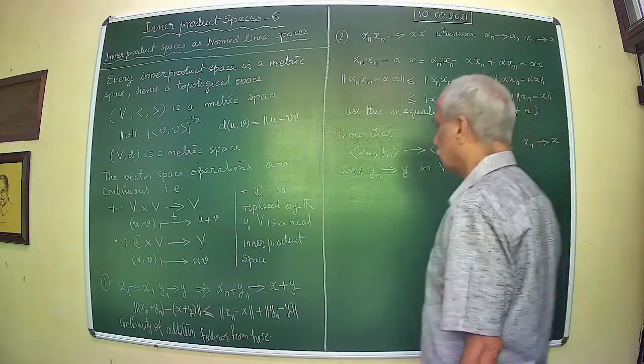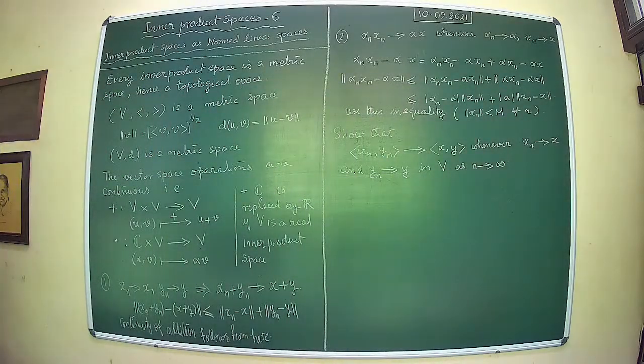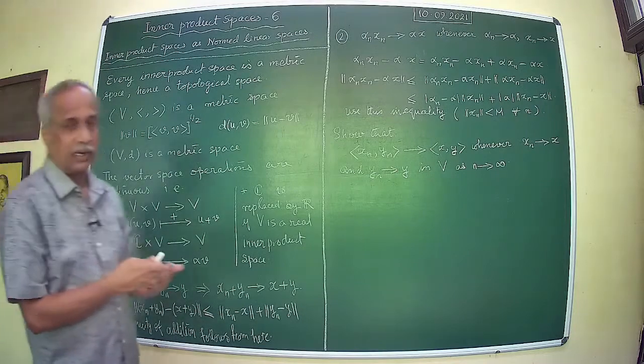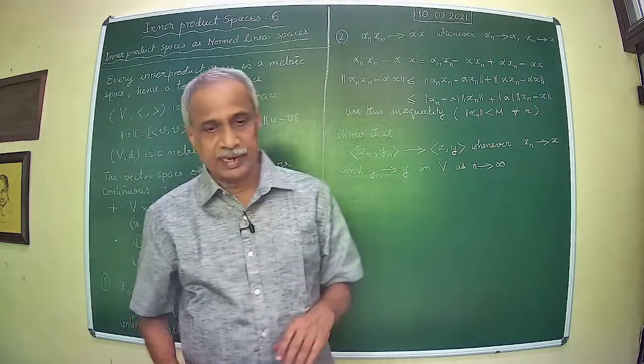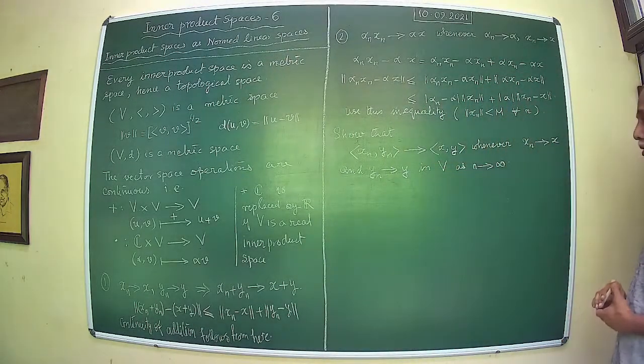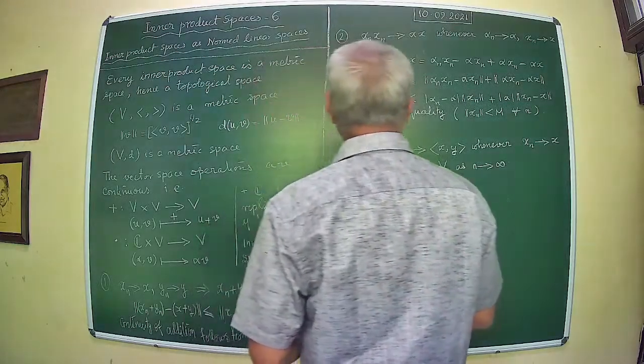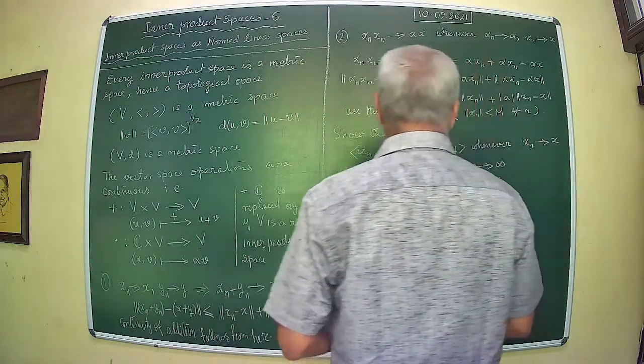I leave this. I mean, that's quite simple to work out. So this is, in a way, you are making sure that the vector space operations are continuous with respect to the norm.